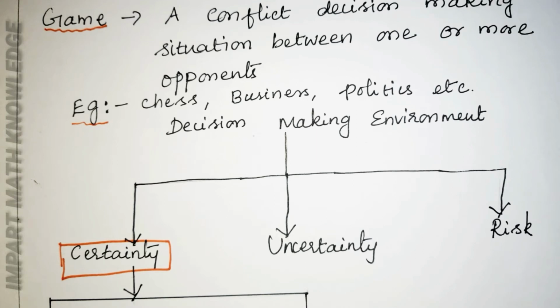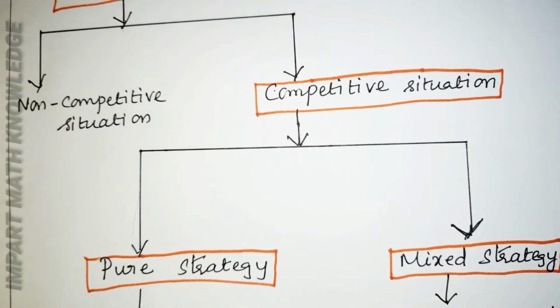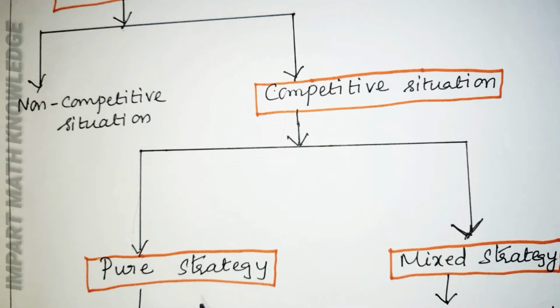Decision-making situations are different: decision under certainty, decision under uncertainty, decision under risk. Decision under certainty is divided into non-competitive situation and competitive situation. That competitive situation can be divided into pure strategy and mixed strategy.